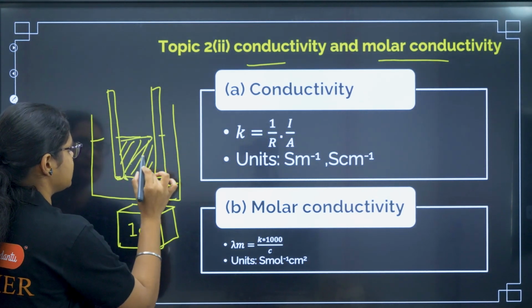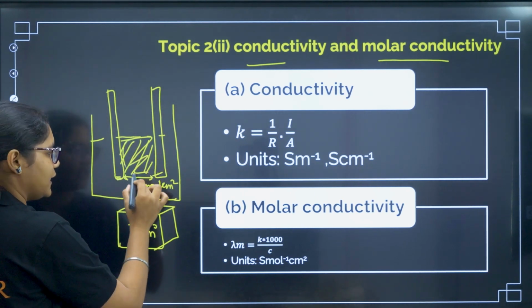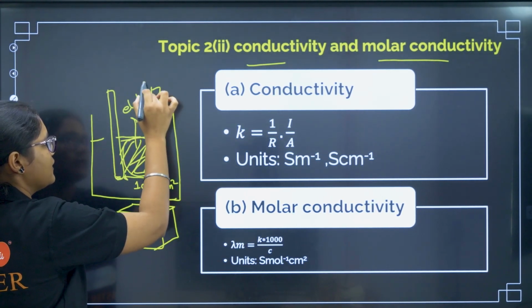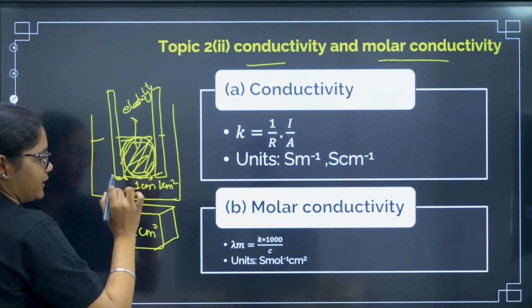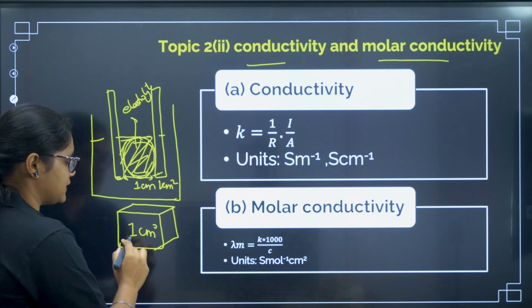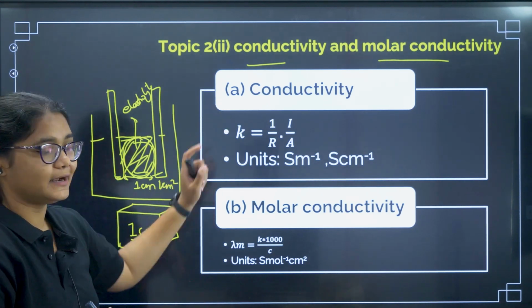So in this area, whatever is the electrolyte present, the conductance of this electrolyte present in this area of 1 centimeter cube is nothing but conductivity.